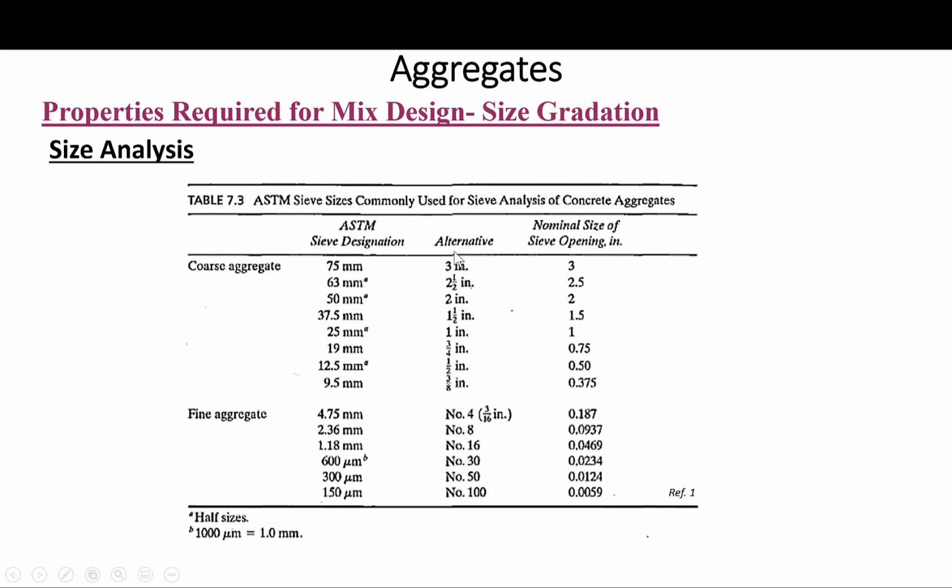As you can see here, this is the alternate designation and this is the ASTM designation. So this is for coarse aggregate. This is a 75 millimeter sieve. The size of the opening is 3 inches. And for the fine aggregates, it will be the number of openings per inch. So when we say number 4, this is 4 openings per inch.